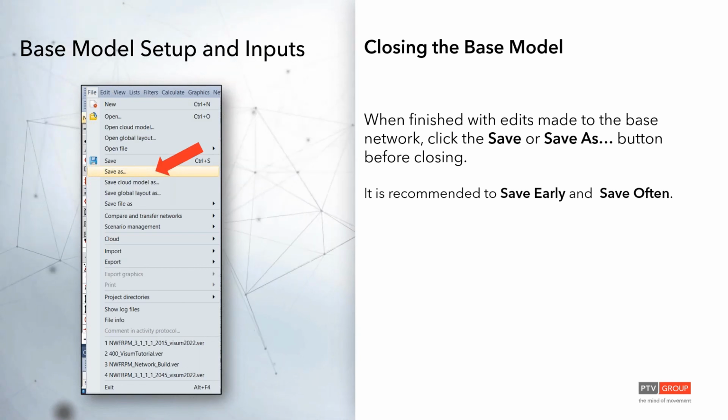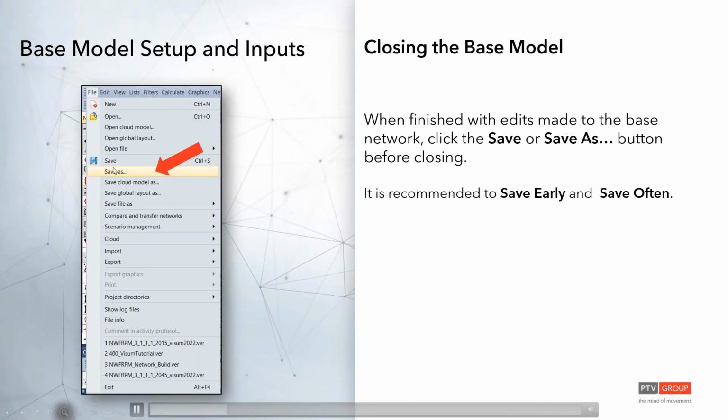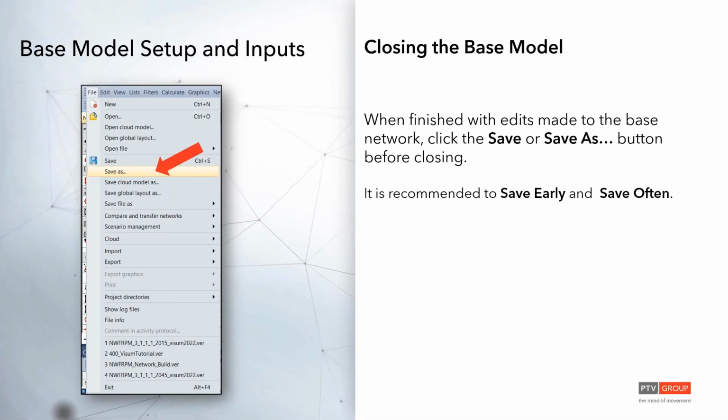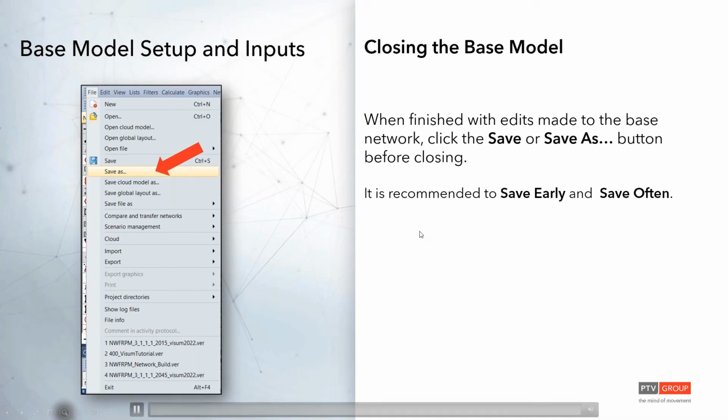You can come to File and then do Save As, if you want to save it under a different name. It's always recommended that you keep saving as you go along, and don't wait until the very end to save your work, but keep saving as you work through your updates and changes.